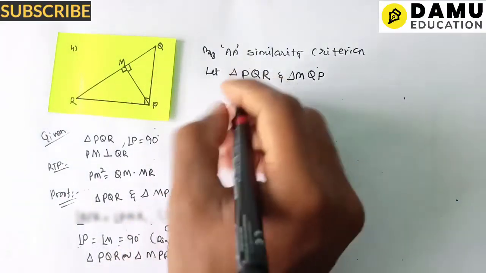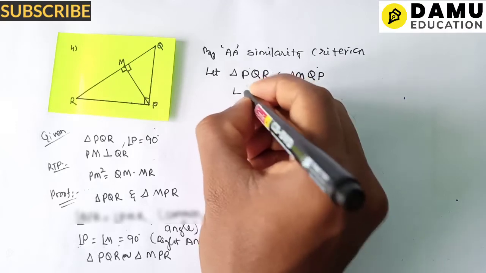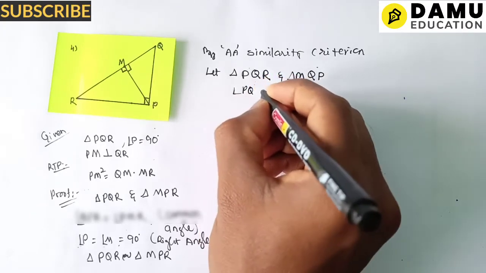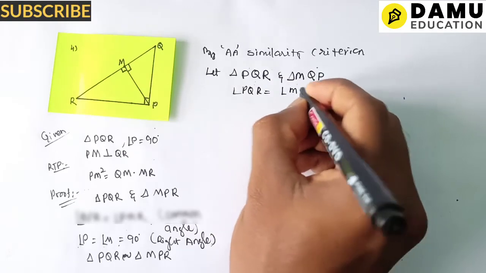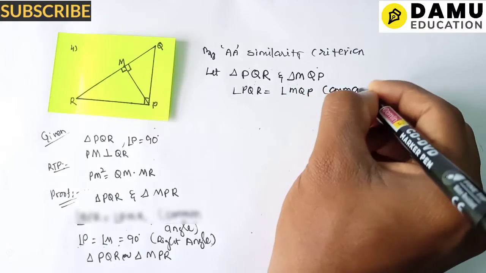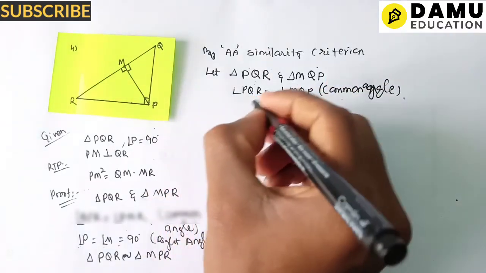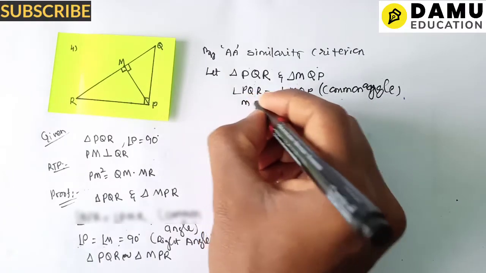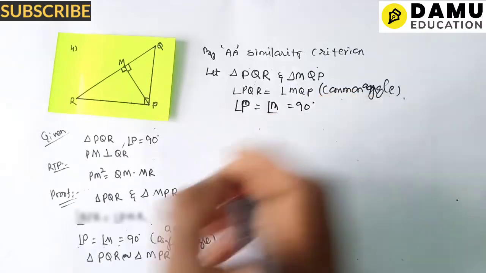In this triangle, angle Q, that is PQR, will be equal to MQP, that is the common angle in both the triangles, and angle P will be equal to angle M, that will be equal to 90 degrees.